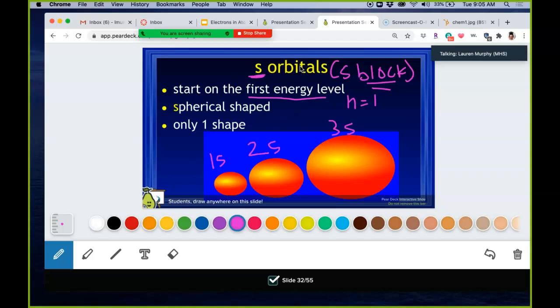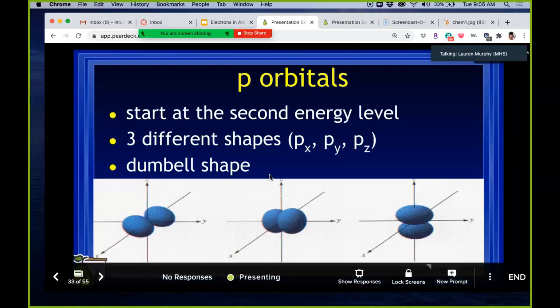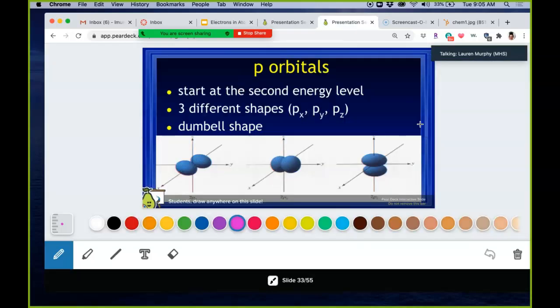They're spherically shaped. Okay? P orbitals are referred to as dumbbells. They kind of look like two little lobes. And they are based on axes. Now in 3 dimensions of space, you have your x-axis, your y-axis, and then I know this is hard to draw, but z would push out at you and go backwards.